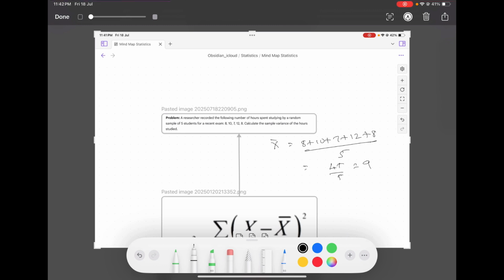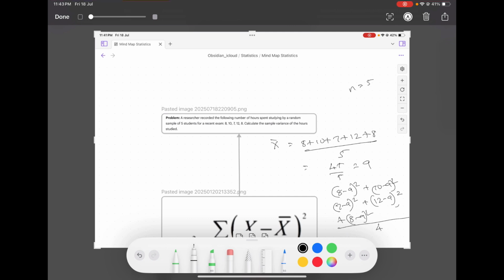If you want to calculate the sample variance, it is 8 minus 9 the whole square plus 10 minus 9 the whole square plus 7 minus 9 the whole square plus 12 minus 9 the whole square plus 8 minus 9 the whole square, divided by, here n is 5, so you will take 4.